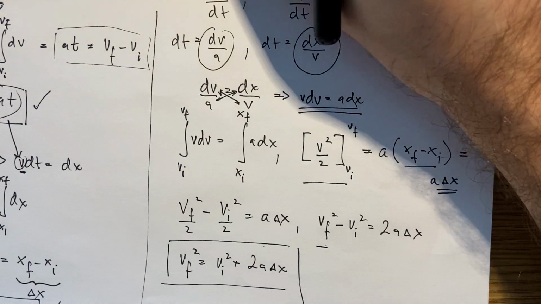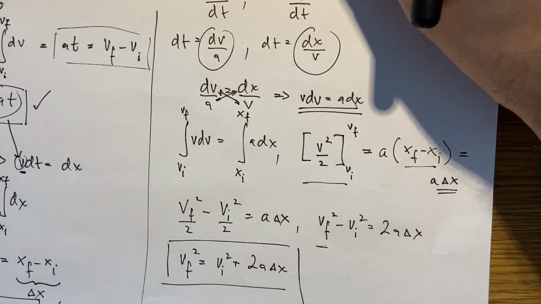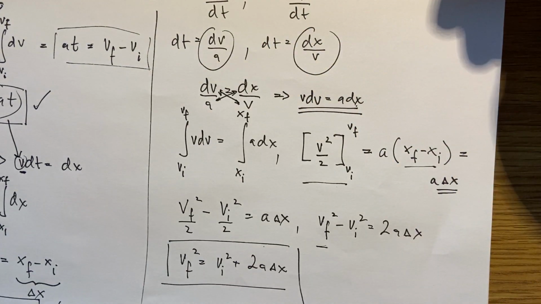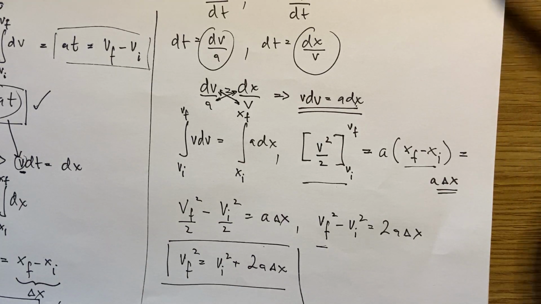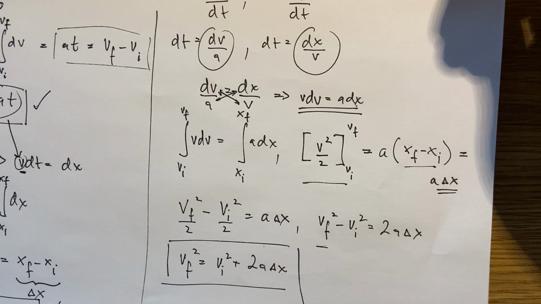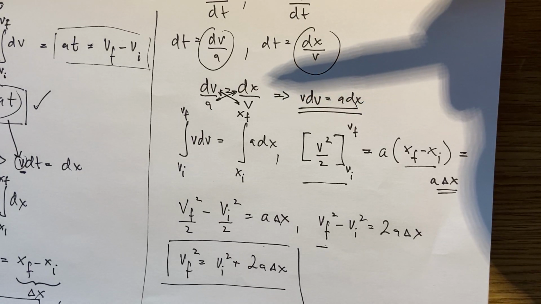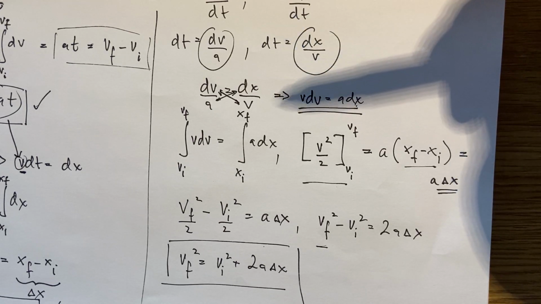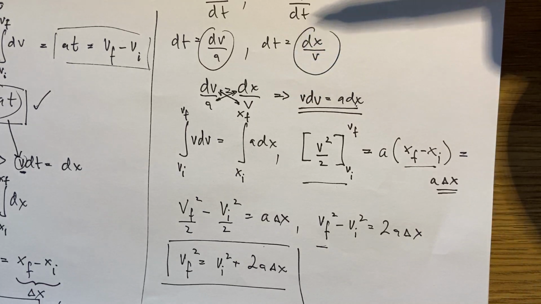And for the fourth equation of motion, you can go back and look at the algebraic geometrical method for that one, where we start off with the first equation of motion and then replace the acceleration in the second equation of motion, and then we'll get the fourth equation of motion.